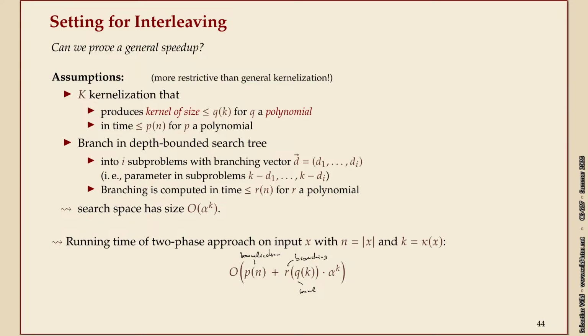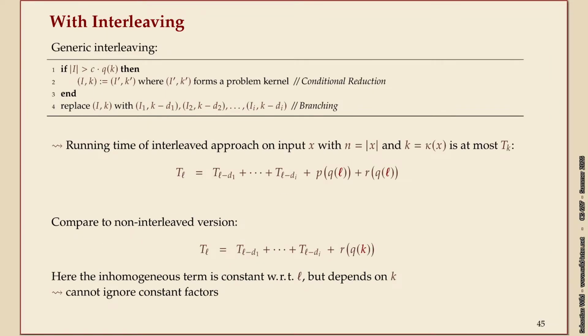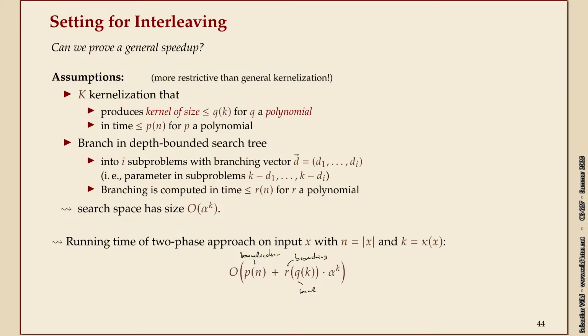What happens if we do it interleaved? You can write down general code for this if you want. The general rule would always be, as soon as the input is somehow bigger than what the kernelization produces, right? This q of k, again, is the size of the kernel.